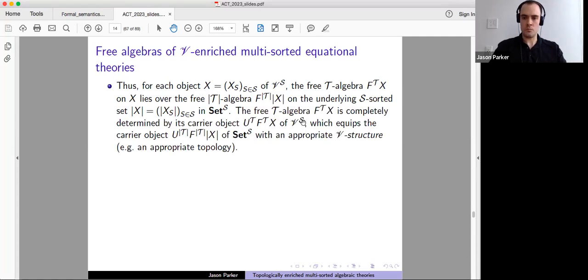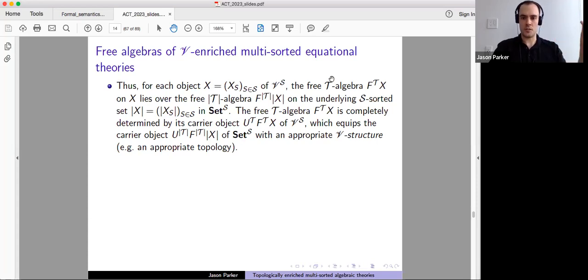So also, the free T-algebra on X is, in a certain sense, completely determined by its carrier object of V^S. And this equips the carrier object of the free algebra on the underlying S-sorted set with an appropriate structure of V. So for example, an appropriate topology.